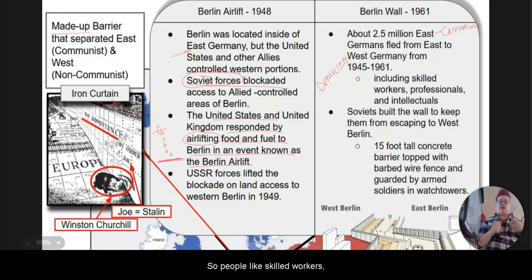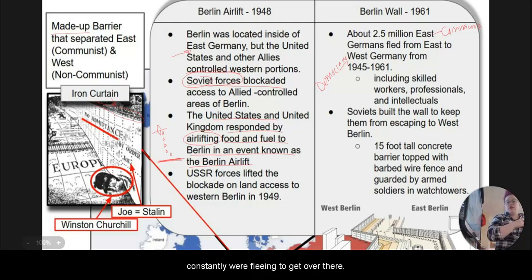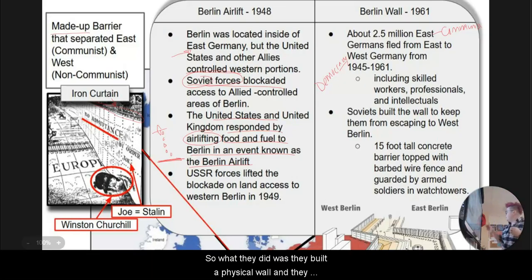So people like skilled workers, professionals, intellectuals, scientists, teachers, historians, people who were persecuted or maybe didn't have the same opportunities, constantly were fleeing to get over there. So what they did is they built a physical wall and they built a barrier to keep the people inside of East Berlin.